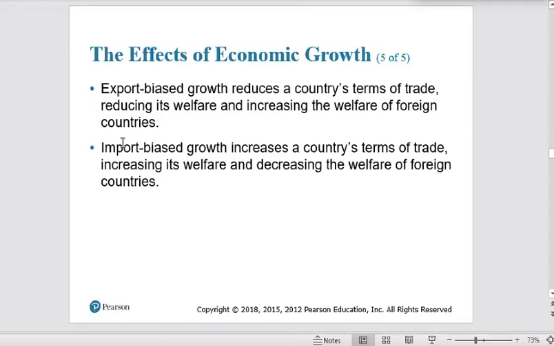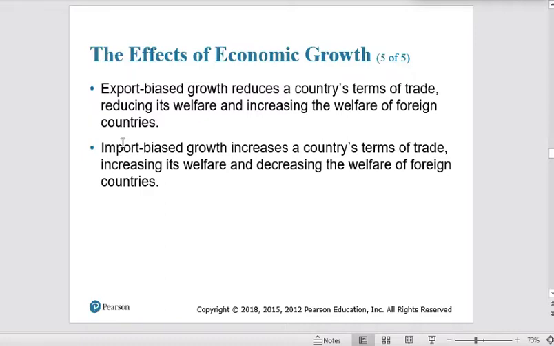Export bias growth will reduce a country's terms of trade. Following our analysis in the previous example, it makes sense to you, right? If there is an expansion in the smartphone industry, there will be more cell phones available to the market, and China exports mainly smartphones, then more smartphones on the market is bad for the price of smartphones.